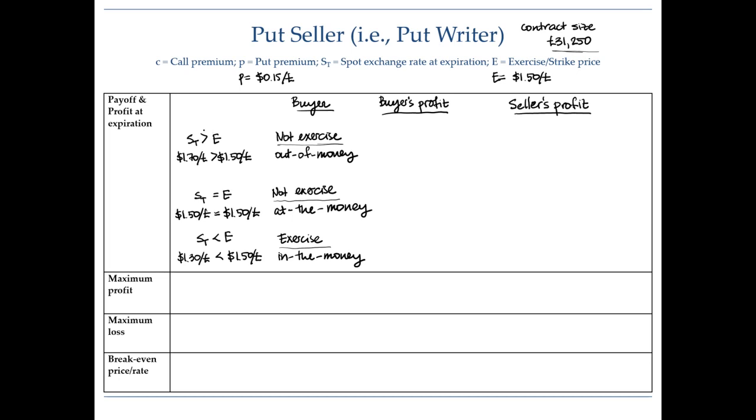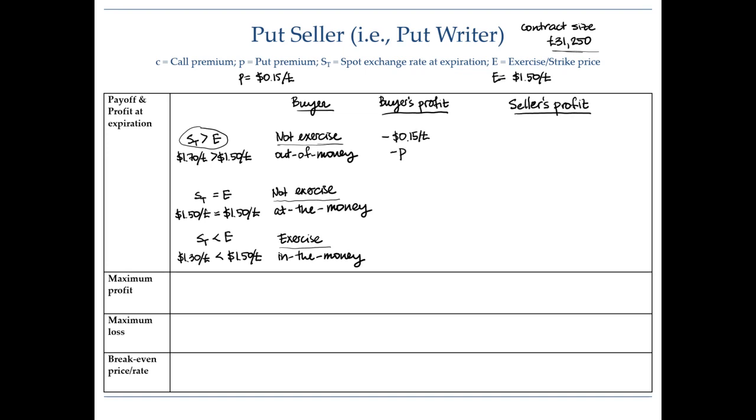So let's take a look at the position of these two parties when the future spot rate happens to be greater than the exercise rate. If that were the case, as we said, the buyer will not exercise, so the buyer's profit or loss is simply the premium that the buyer loses, so it's negative 15 cents. The put buyer will not do anything and just loses the premium.